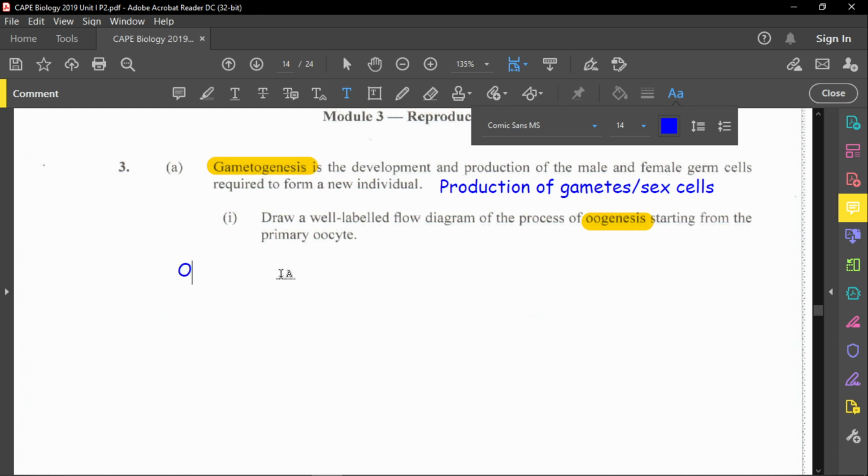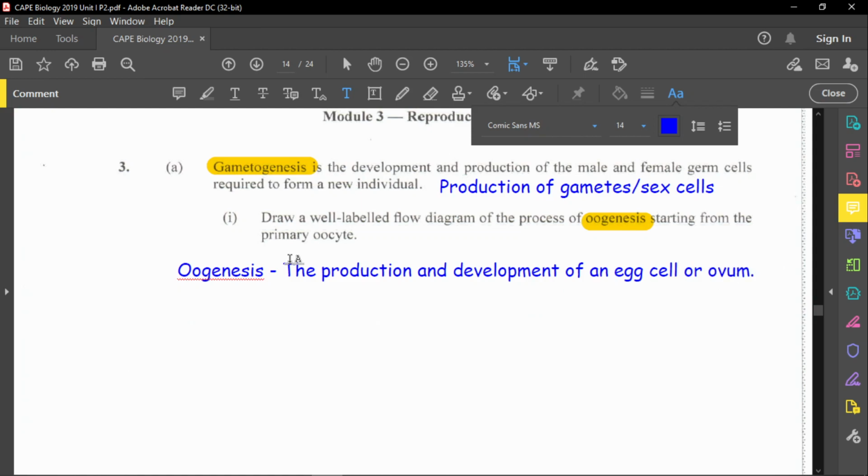This is some extra information here. Talk about oogenesis. Again, it is the production and development of an egg cell or ovum.